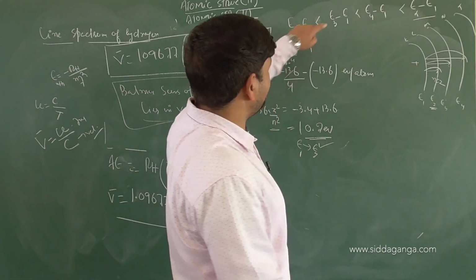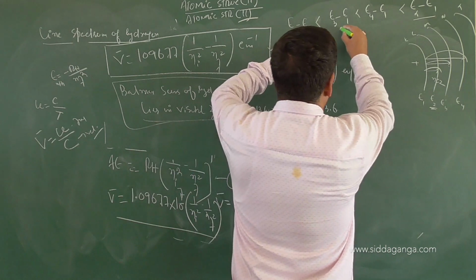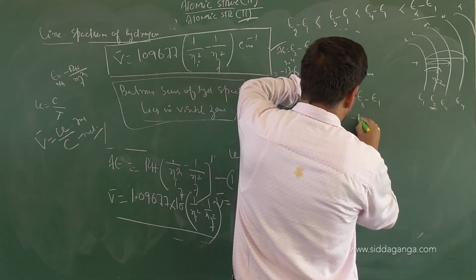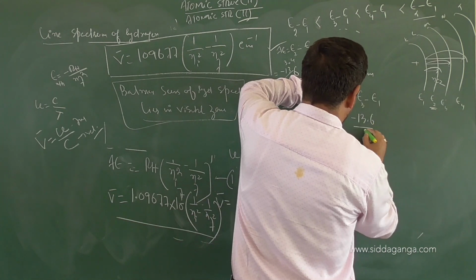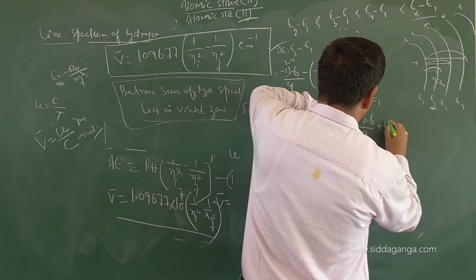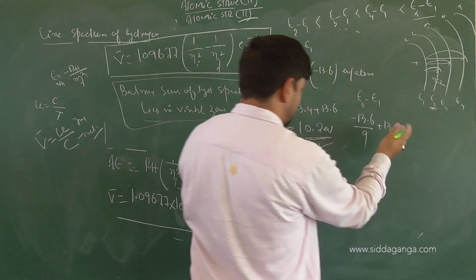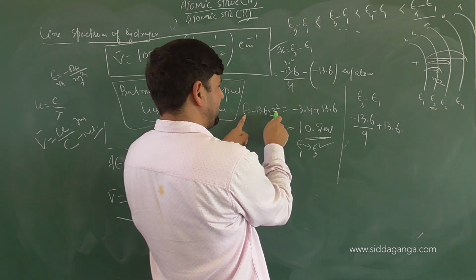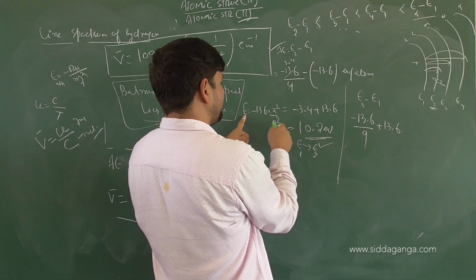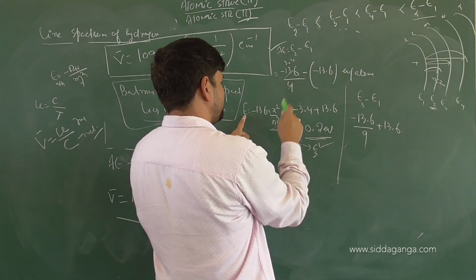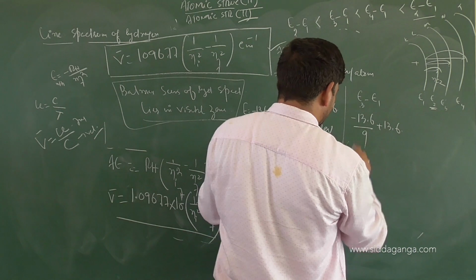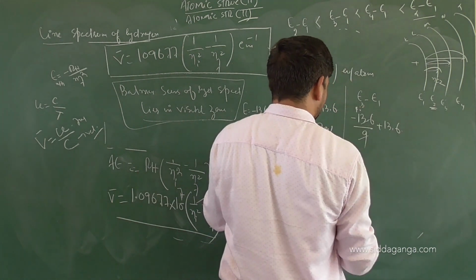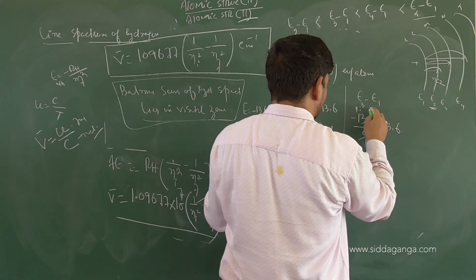Okay, let us see E3 minus E1. E3 minus E1 will be minus 13.6 divided by 9 plus 13.6. It's direct understanding now, because for E3 it will be 13.6 into Z square, for hydrogen Z is 1, over n square, the third shell, so n is 3 squared, that is 9. So 13.6 divided by 9 will be 1.5.